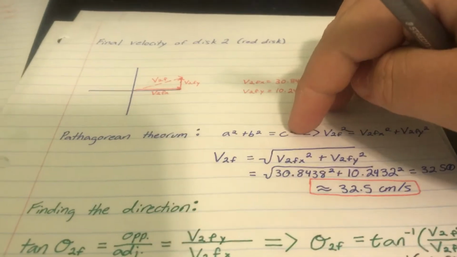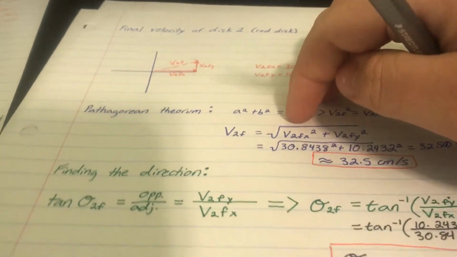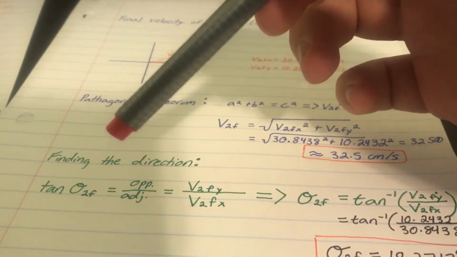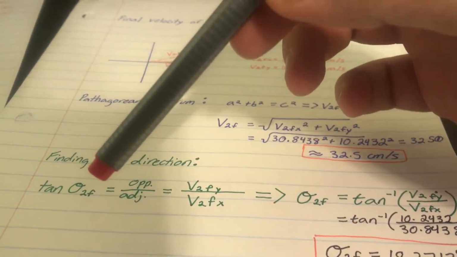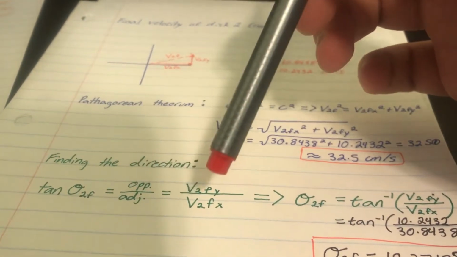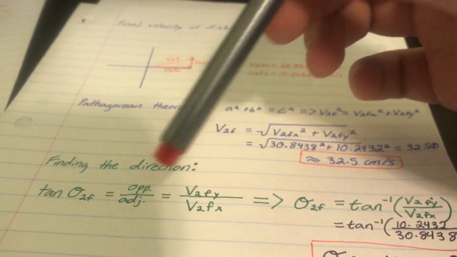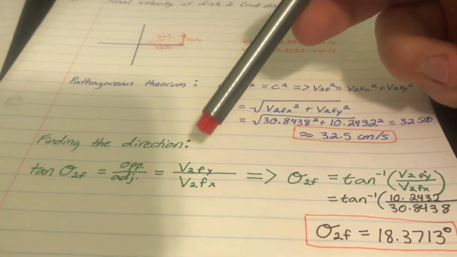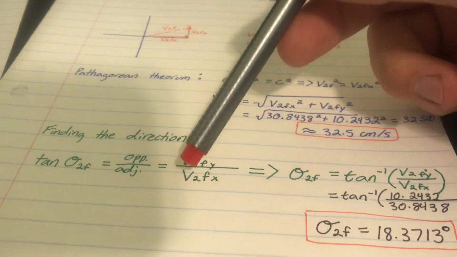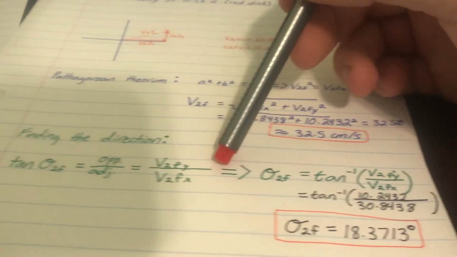Now, since velocity is a vector, we have to find the direction. So tangent theta of this 2 final is opposite over adjacent. So I put opposite over adjacent, which would be velocity 2 final in the y direction divided by velocity 2 final in the x direction.